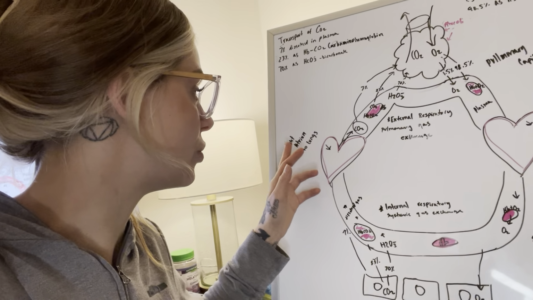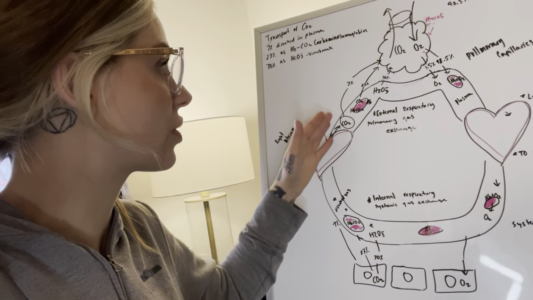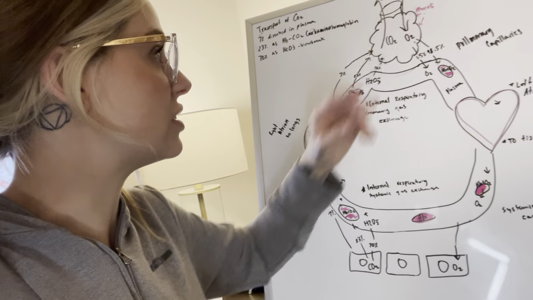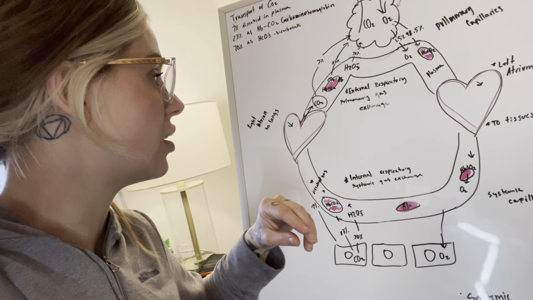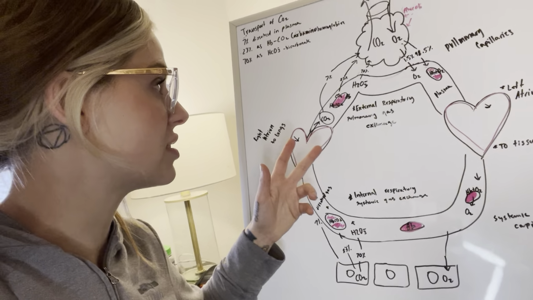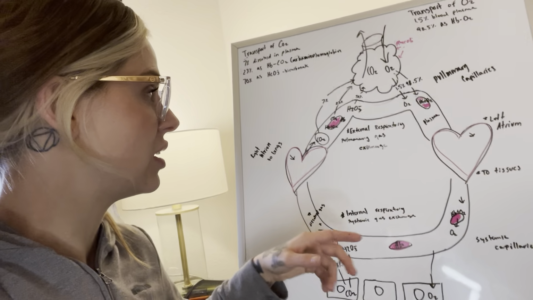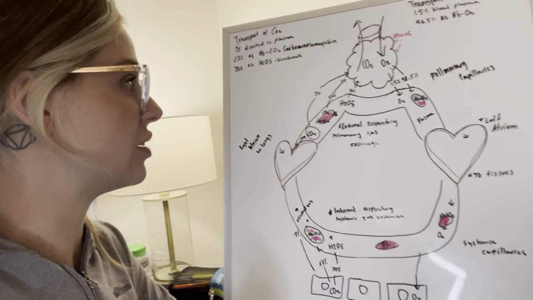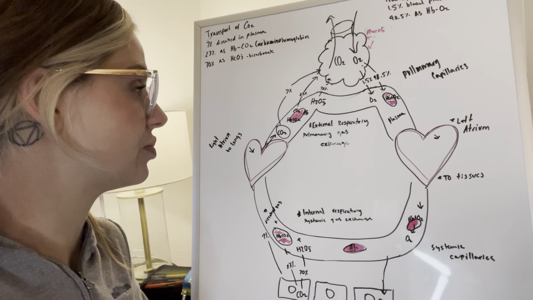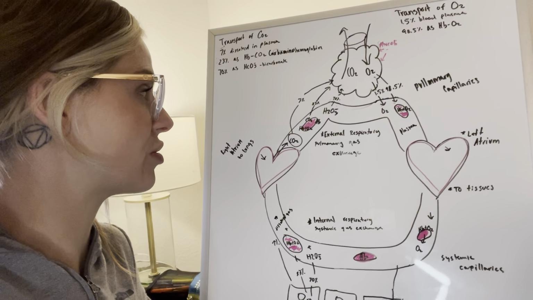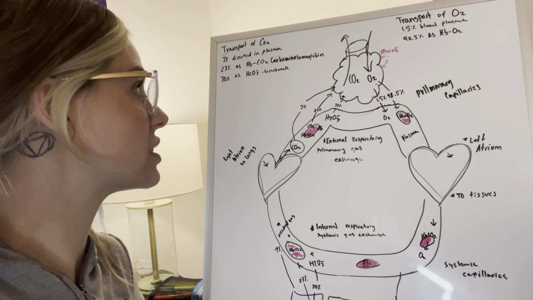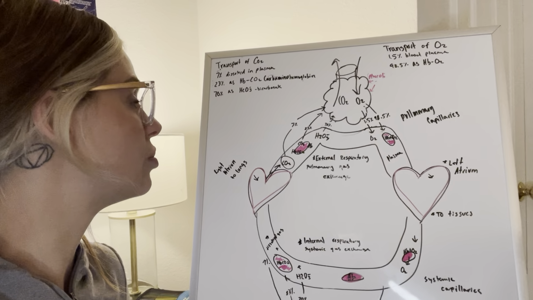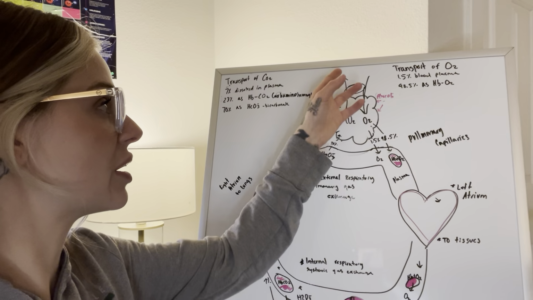So into the right atrium, 7% is coming into the alveoli via dissolved gas. 23% of carbon dioxide is going to dissociate from hemoglobin and come into the alveoli as carbon dioxide. 70% will enter the alveoli as bicarbonate, and then we will expel it from the body.